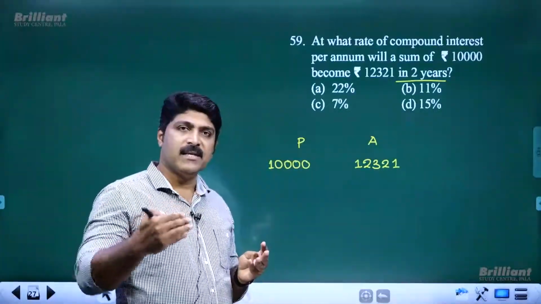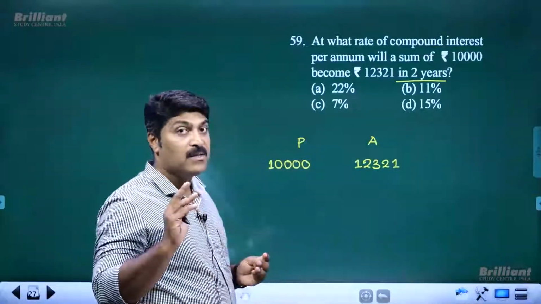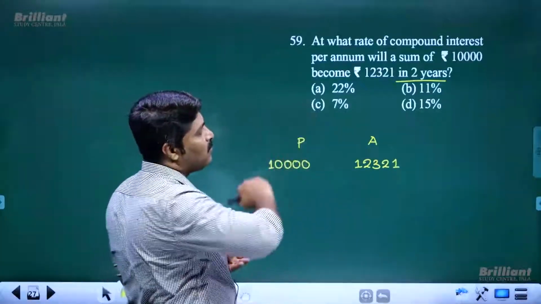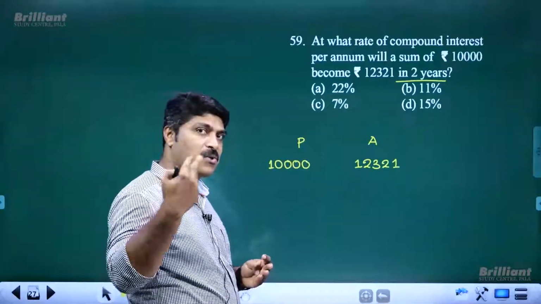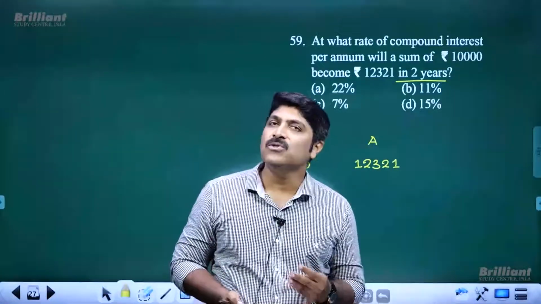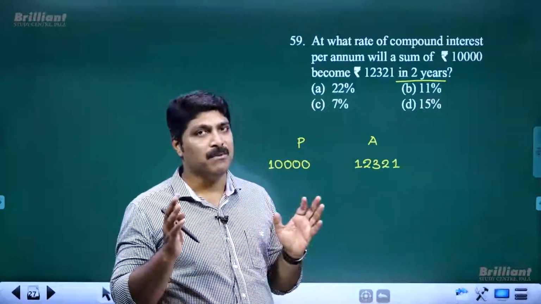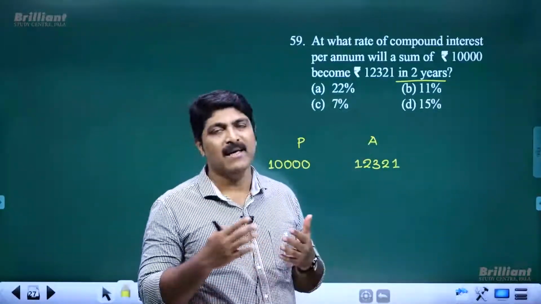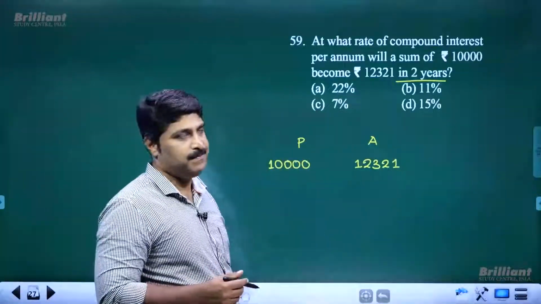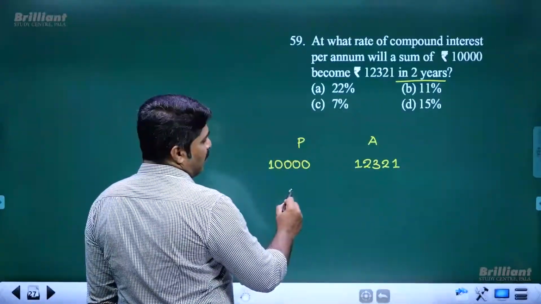Then moving to the second step. Can we express these two values in the form of squares of some numbers? Why squares? It's a period of 2 years, that's why we are thinking about squares. If it is a case of 3 years, we have to check whether the given values can be expressed in the form of cubes. Here it's a case of 2 years, therefore think about squares. Can we express 10,000 as a square of a number?